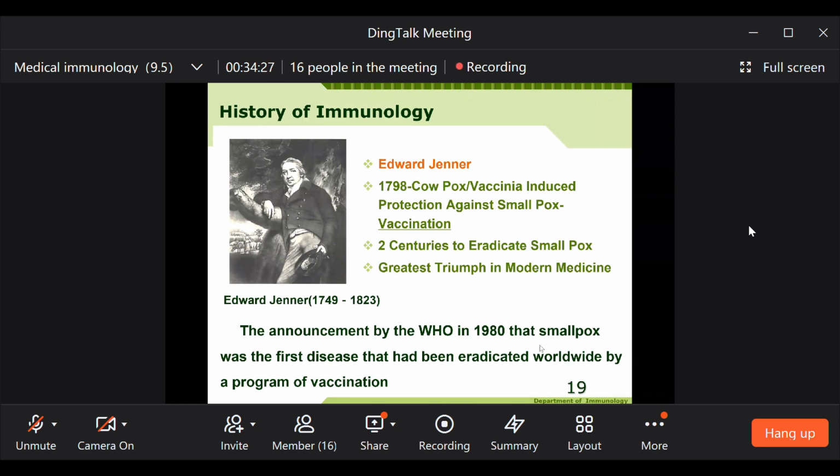Then he found that the cow's skin had a similar substance, full of blisters. So we can see the human body suffering from smallpox, and the cow suffering from cowpox, but the cow is healthy and well.